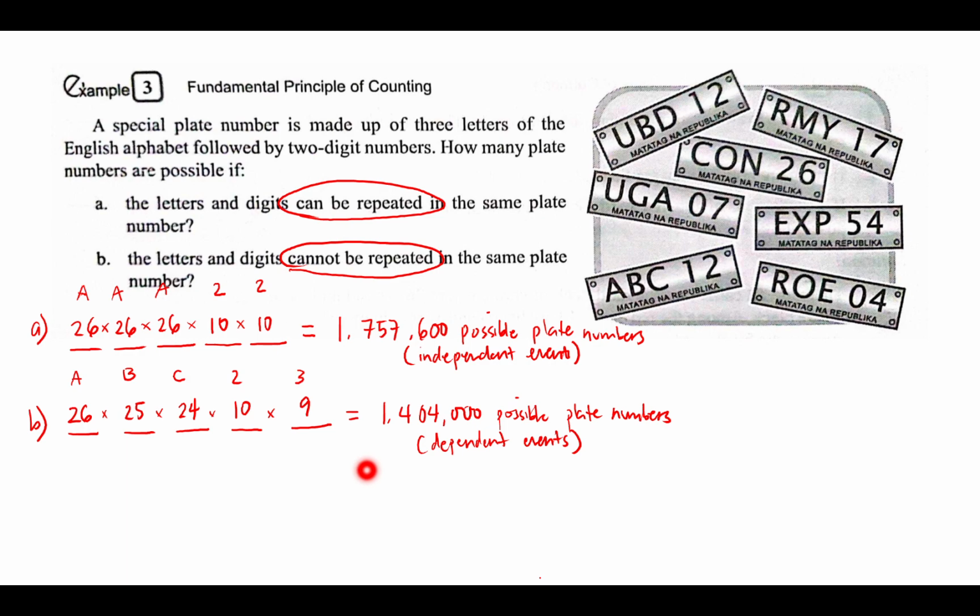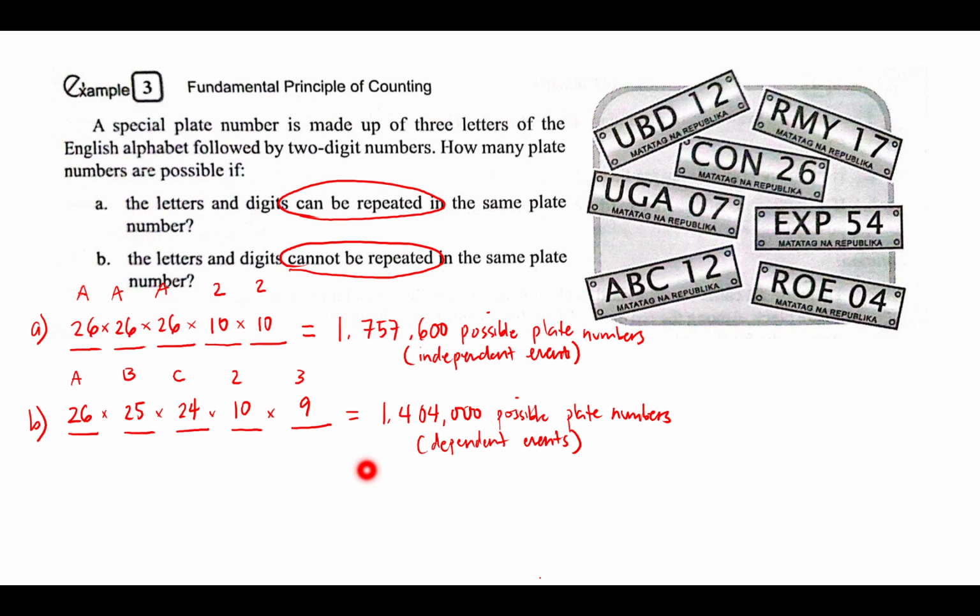Okay, so if we compare the two possibilities, we could say that there will be more possible plate numbers if the letters and the digits can be repeated compared to the plate numbers that cannot be repeated. Okay? So, here, we can apply it in a real life situation. How?